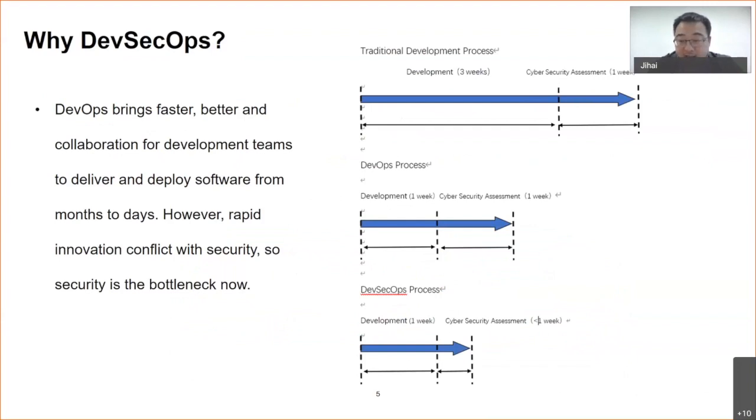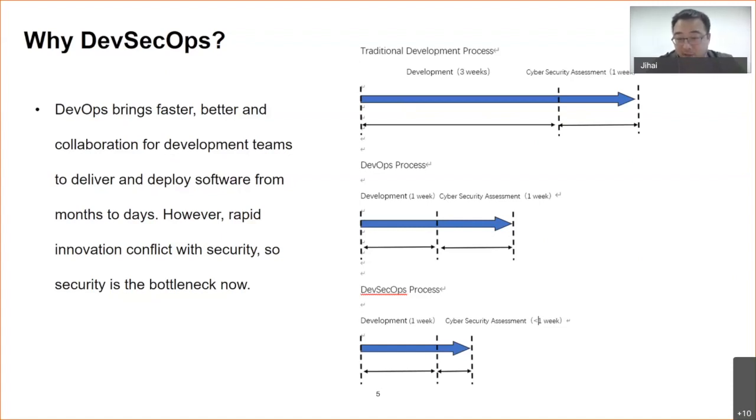When your DevOps level becomes more mature, people will feel there is probably some bottleneck stopping their fastest delivery. So here we use one example to show why we need DevSecOps.